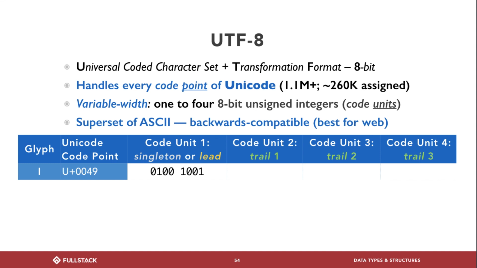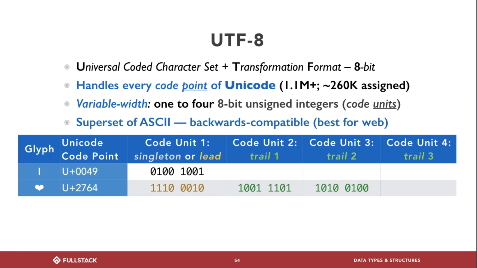So if I was reading in an ASCII file using a parser, a program that assumes it's UTF-8 instead, I would see all of the correct letters because we use the same values. And if I wrote a UTF-8 file only using simple letters like A and B and C and 1 and 2 and 3, then I would end up with a file which an ASCII program could read in and it would look fine. But what about if I do something outside of ASCII, like the heart symbol?